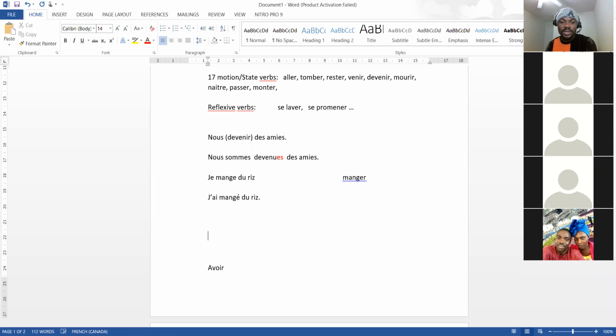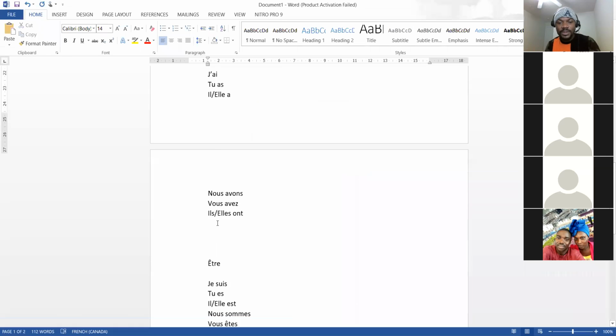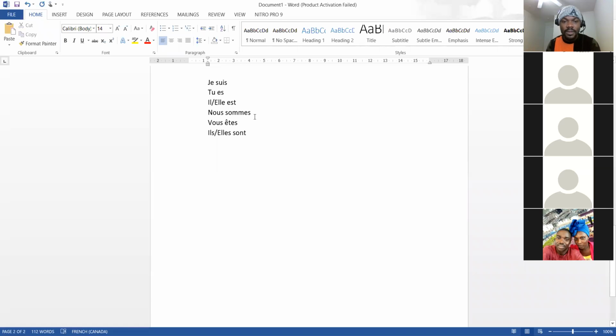Now, to end this, let's look at the issue on past participle, how we can get them. The endings of past participle of verbs.